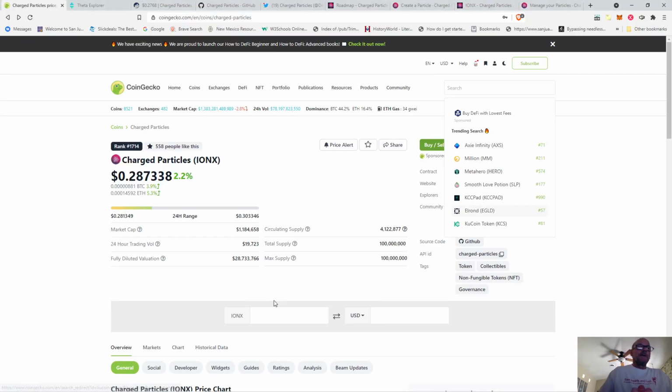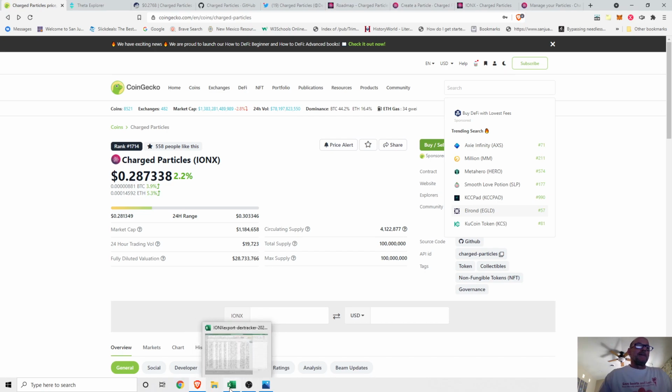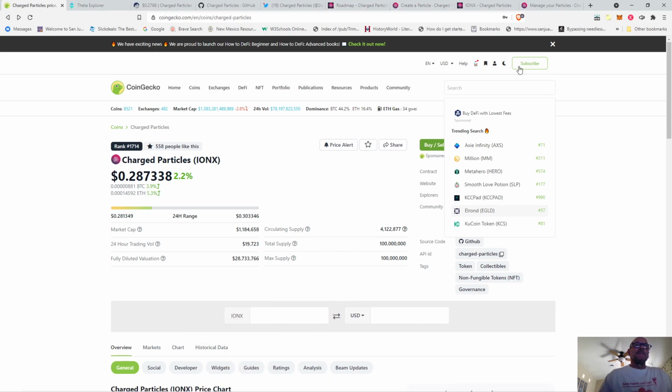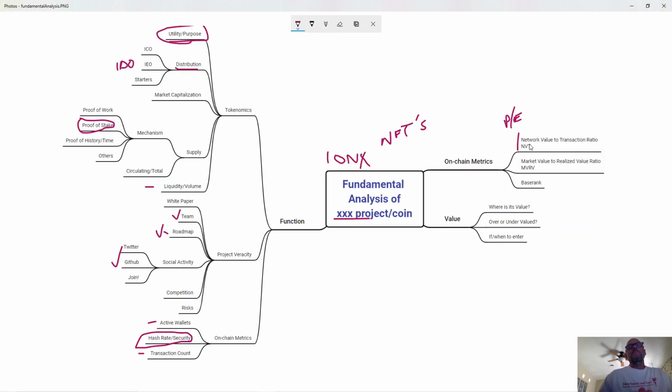I do have a spreadsheet to show to get to the next one here. I'm getting kind of confused with my PE ratio. That's for stocks, right?